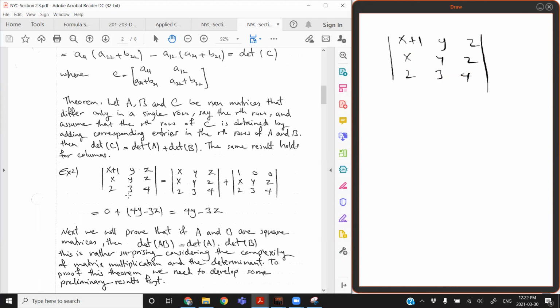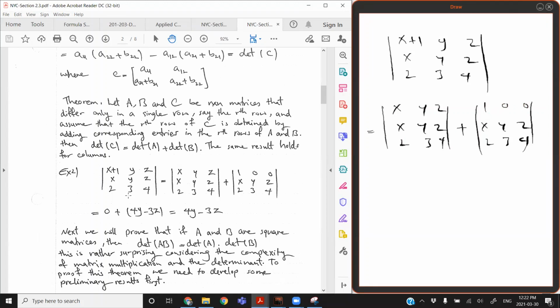So you know that this is going to be the same as the determinant of, so let's say this is our C matrix. And A and B have the same second row and third row. I can break the first row into two rows. I can write x, y, z here. And here I can write 1, 0, 0.